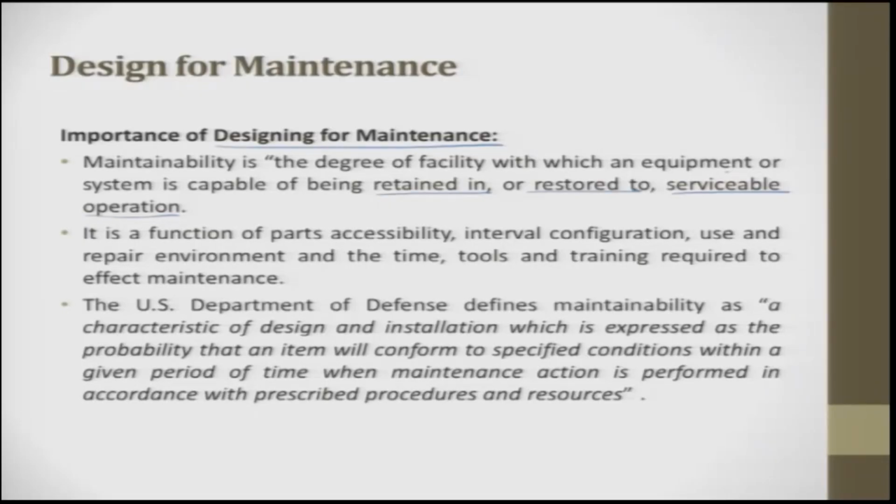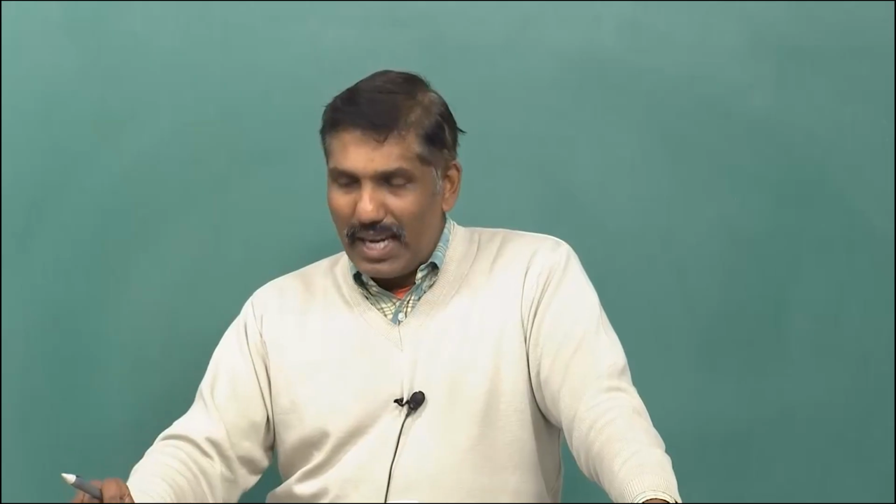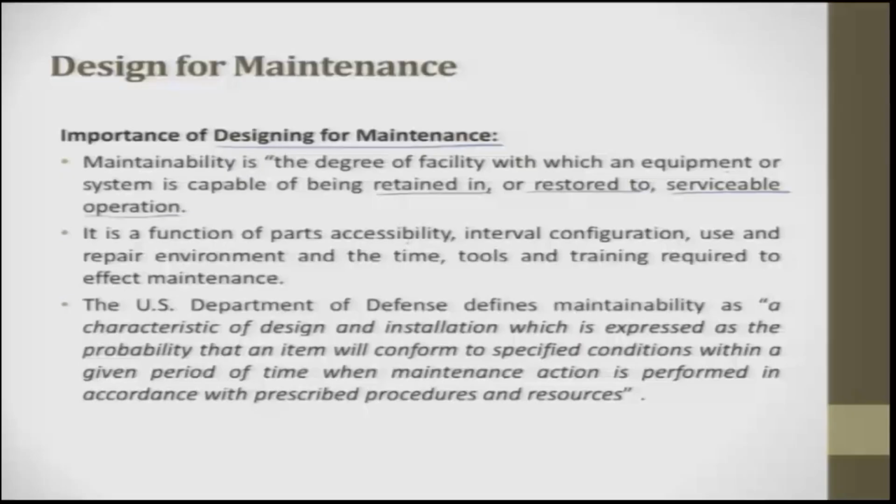If not 100, we stop at 90% efficiency. So, once you do maintenance, we are trying to pull back or improve the system and try to achieve 100%. It is a function of part accessibility, internal configuration, use and repair environment, and the time, tool and training required to do an effective maintenance.